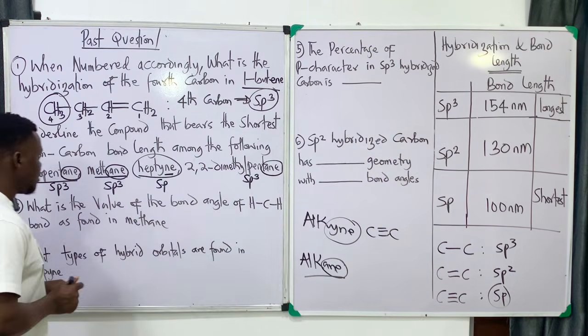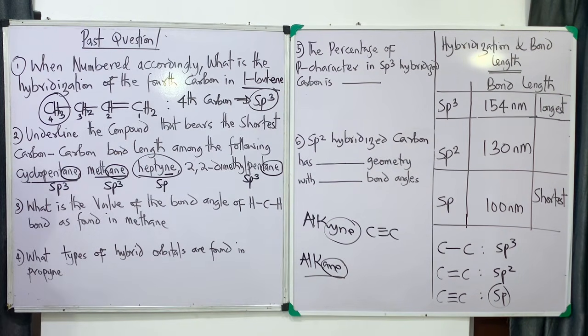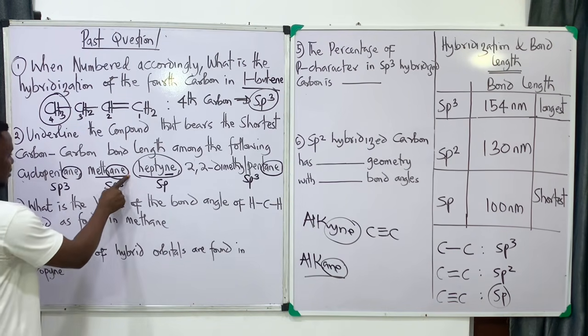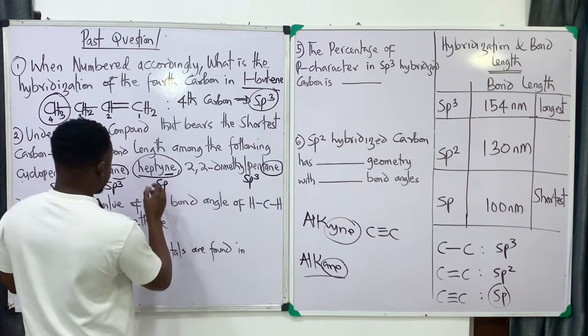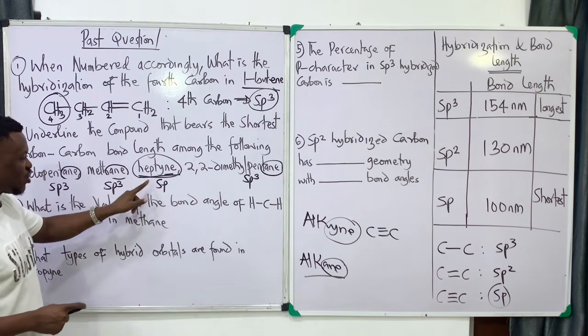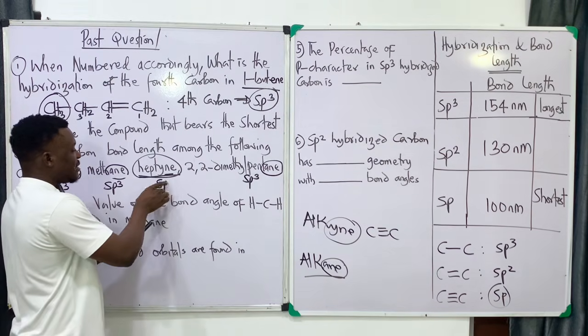So let's look at the question again. Underline the compound that bears the shortest carbon-carbon bond length amongst the following. The correct answer here is this one, heptyne, because the hybrid orbital present here is sp.